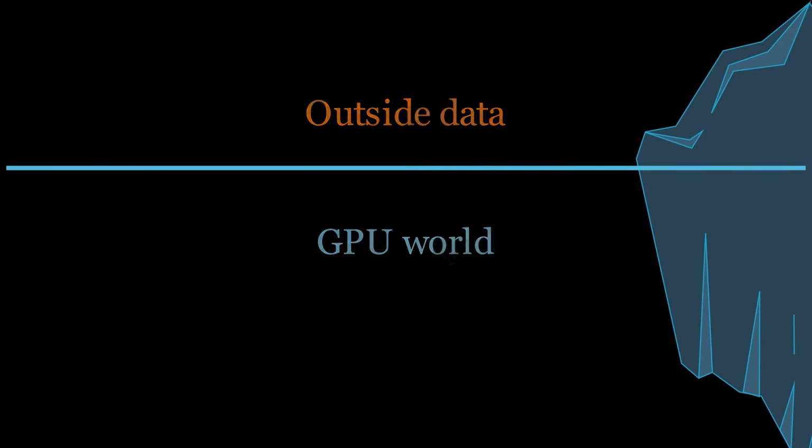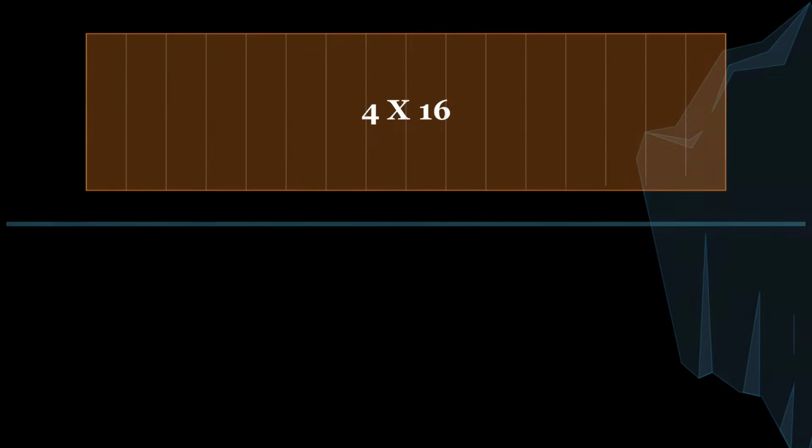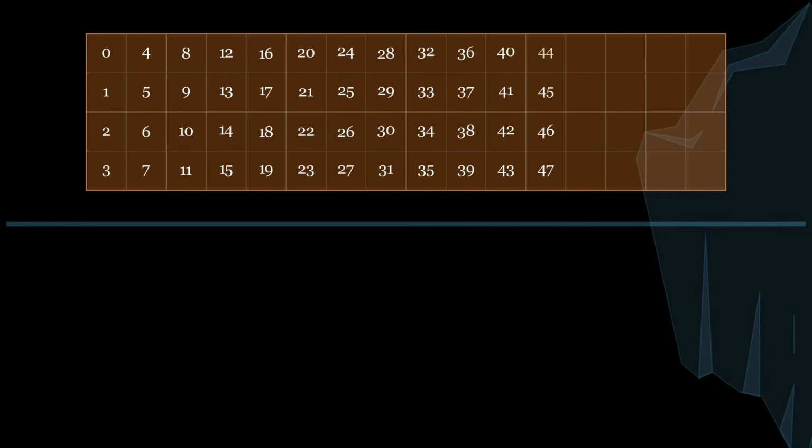Let's consider a memory of size 64 units residing in global memory of the GPU. It is stored in contiguous memory locations, but for spatial constraints, I have represented it as a 2D grid.